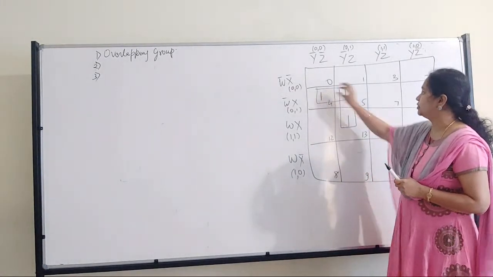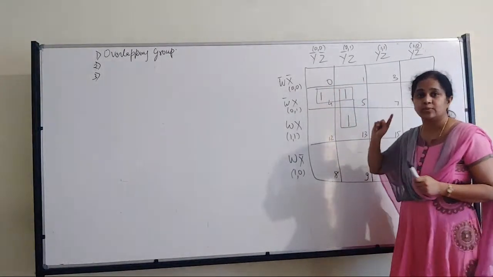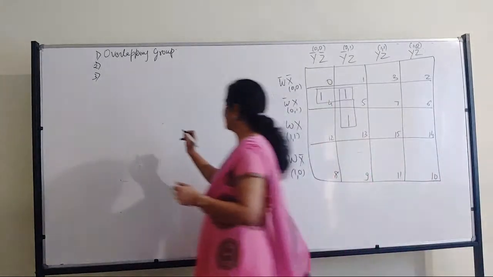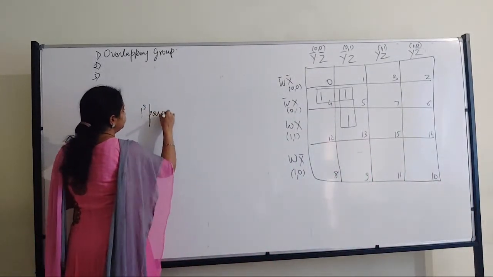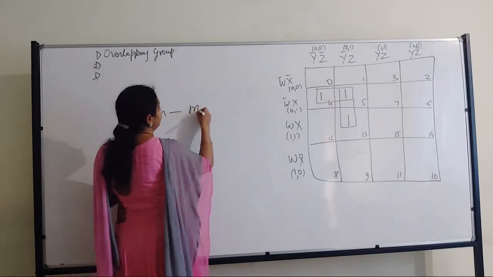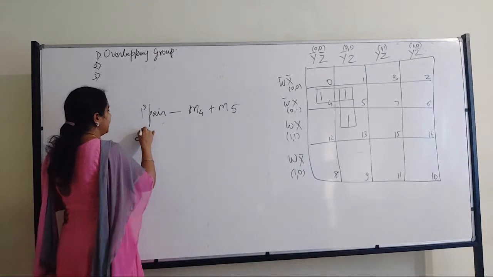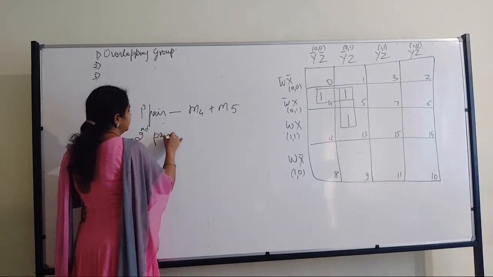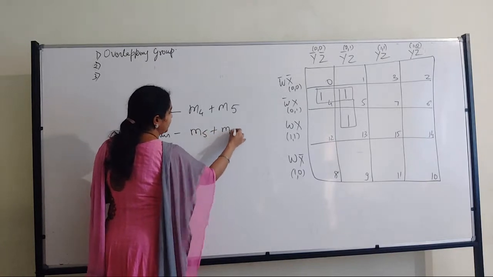Now I have grouped these two and I call it one pair and these two as one pair. Now let me write it here so we can have a better clarity. So my first pair is M4 plus M5 and my second pair is M5 plus M13.